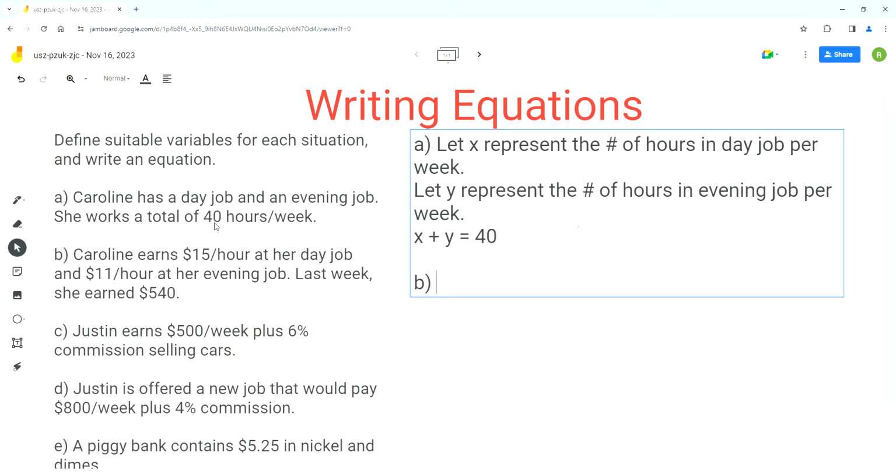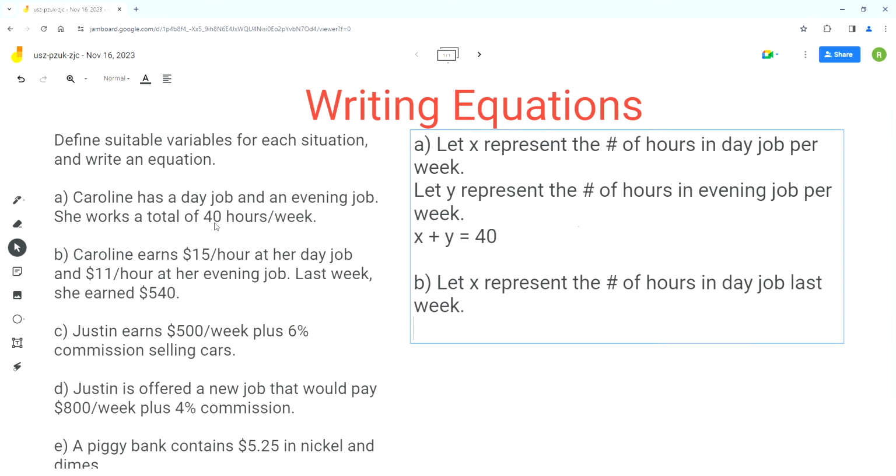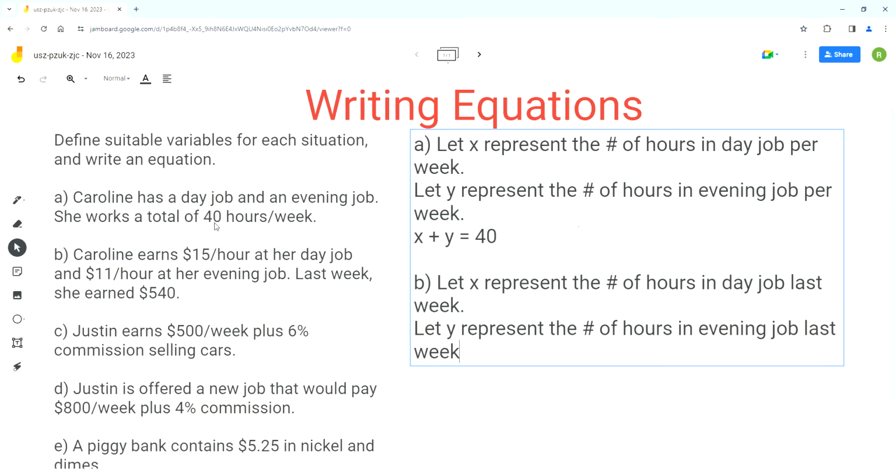So our first let statement will be let x represent the number of hours in day job last week, and then let y represent the number of hours in evening job last week. We have to write an equation.